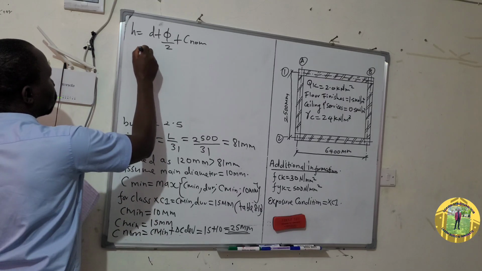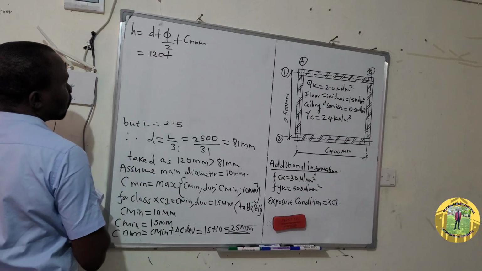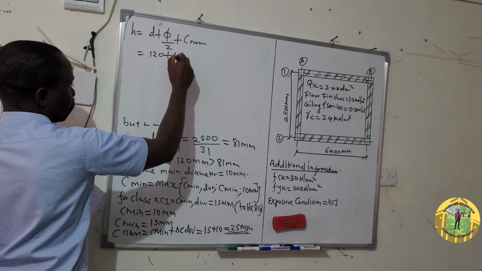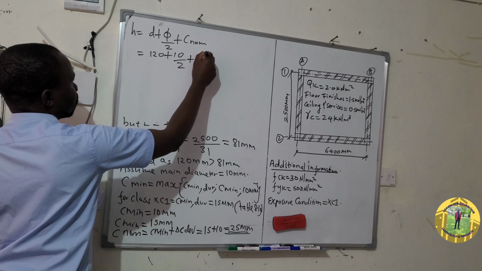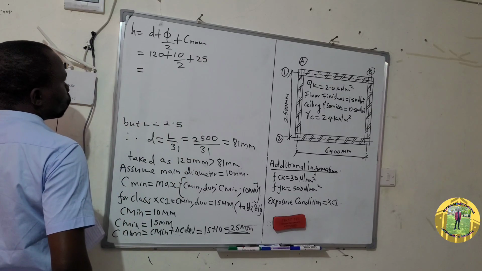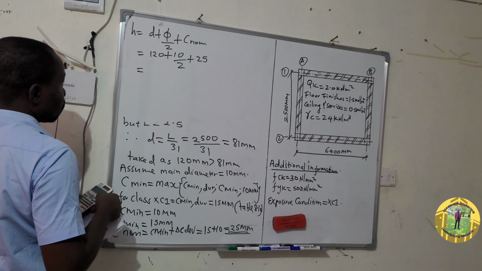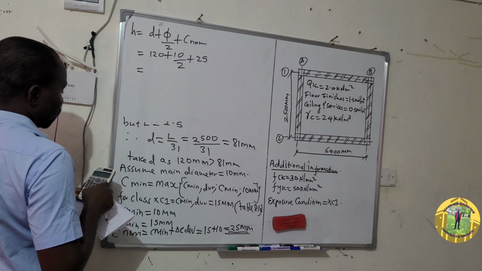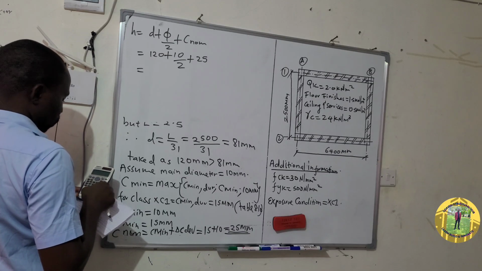So this one is equal to D is 120 plus the main bar is 10 all over 2, and then plus 25.